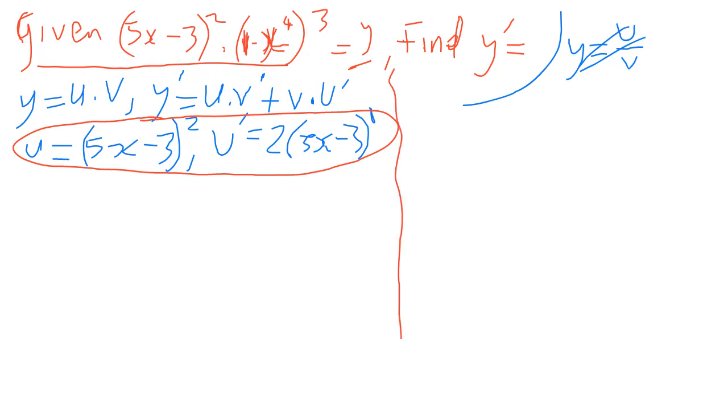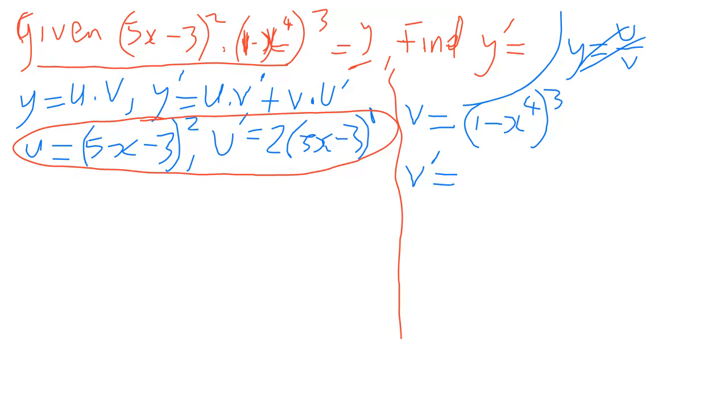All right, so my v is the second section, (1 minus x to the power 4) all raised to power 3. Then I'm going to find my v prime.